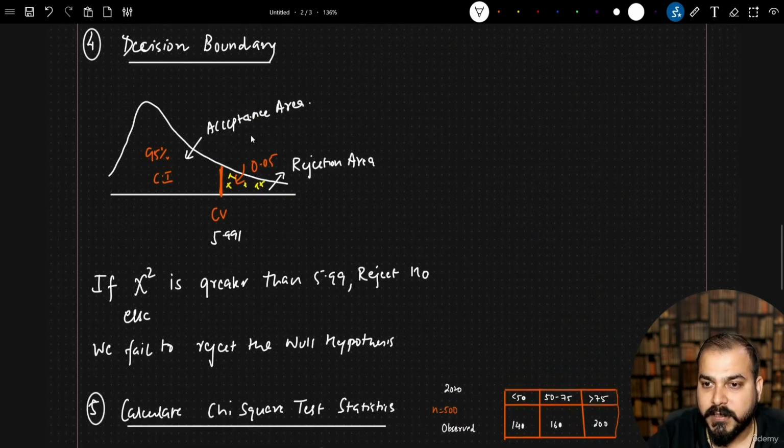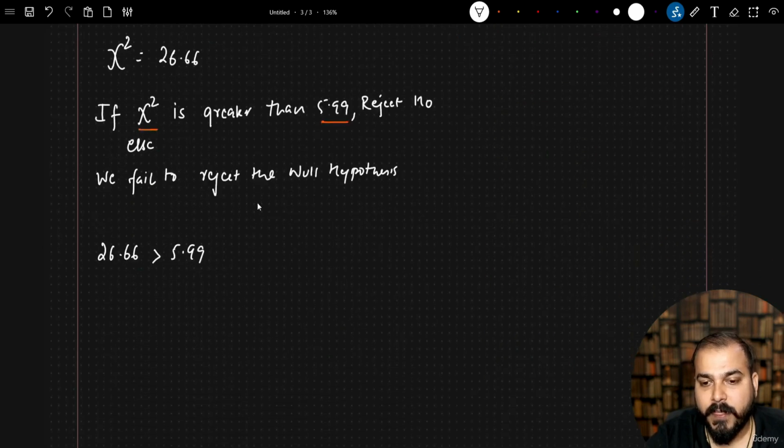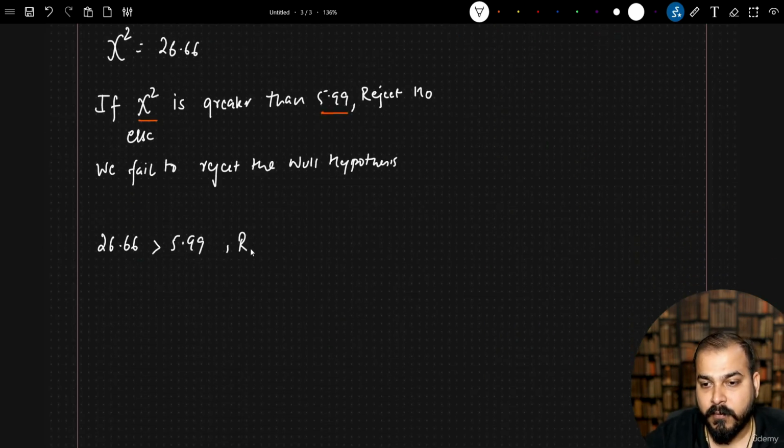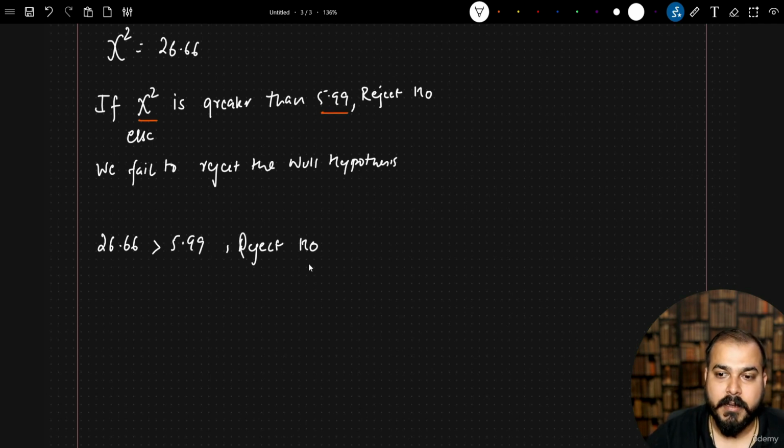That basically means it falls in this region. So we specifically reject H0, we reject the null hypothesis. Let's say if this value was less than this, we would say that we failed to reject the null hypothesis.